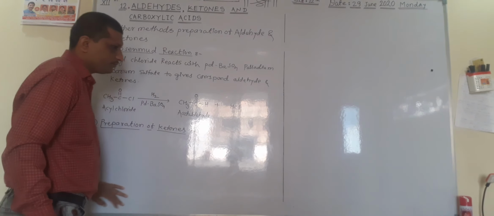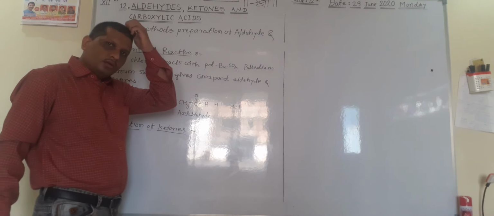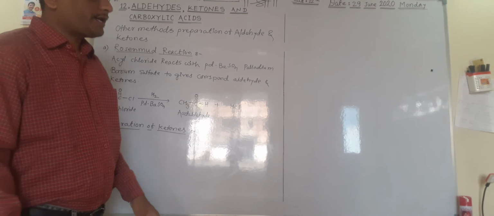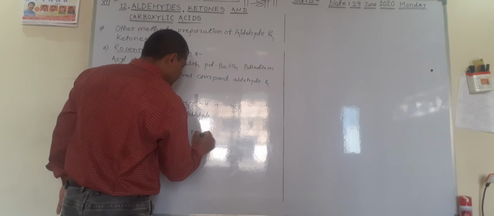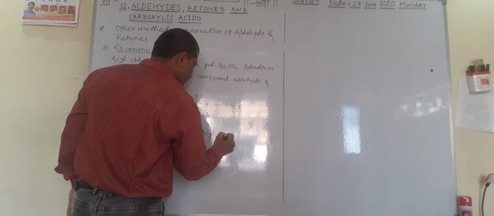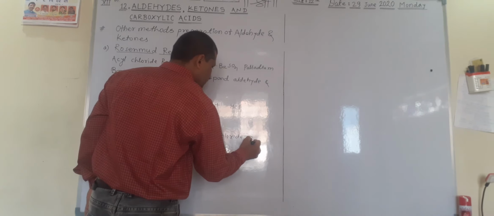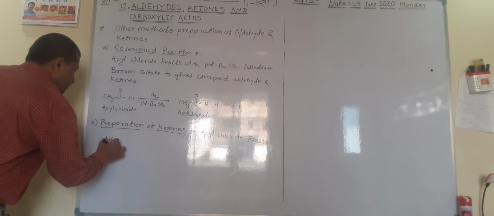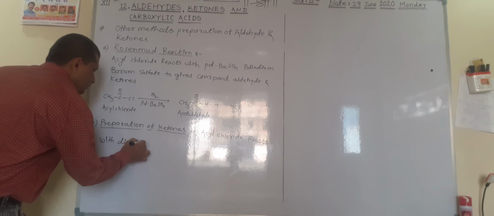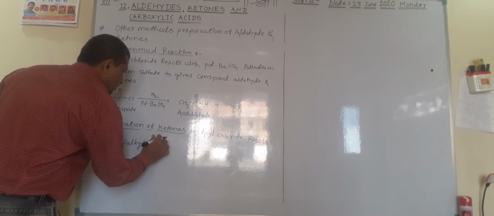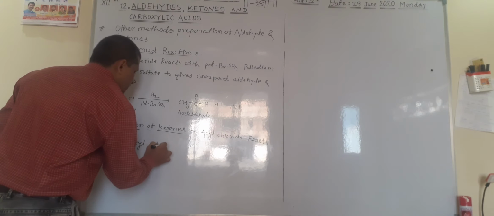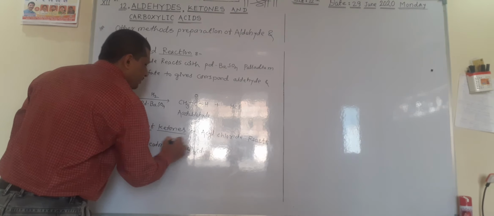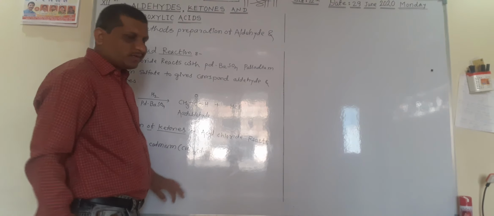In this reaction, acyl chloride reacts with dialkyl cadmium, CH3 twice cadmium, to give the corresponding ketone.